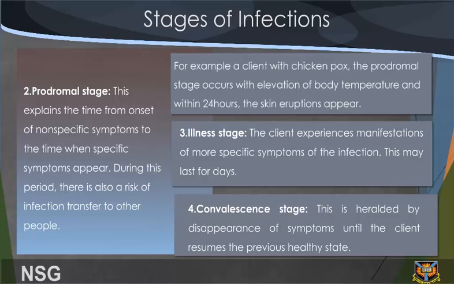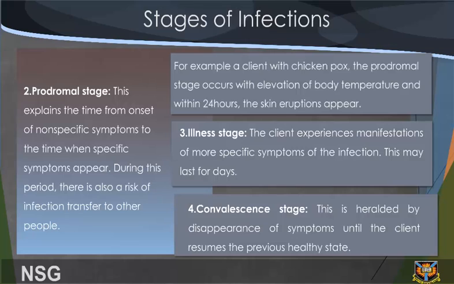2. Prodromal stage. This explains the time from onset of non-specific symptoms to the time when specific symptoms appear. During this period, there is also a risk of infection transfer to other people. For example, a client with chickenpox: the prodromal stage occurs with elevation of body temperature and within 24 hours, the skin eruptions appear. 3.